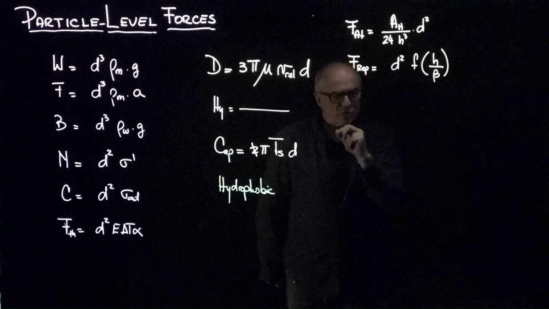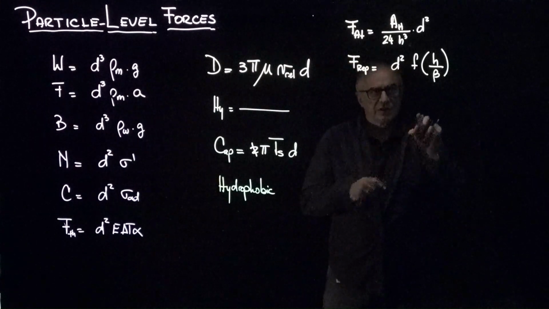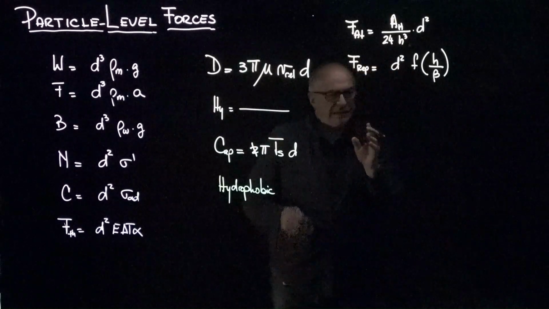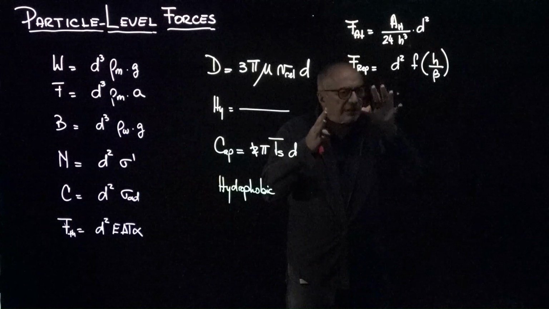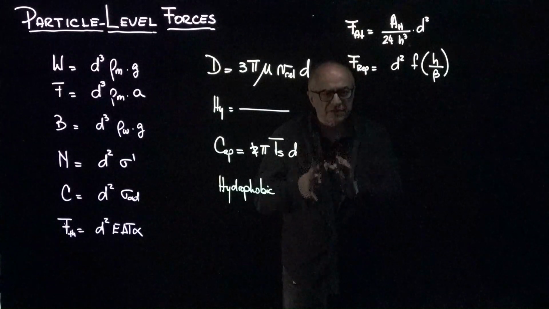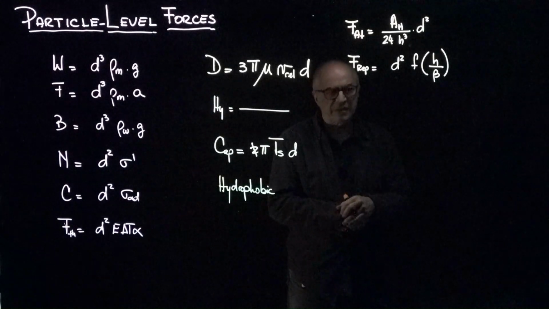So go back to other lectures where we talk about mineral-liquid interaction to understand what that quantity is, but it's the thickness of that counter ion cloud that is compensating the surface charge of minerals, in particular clay minerals.